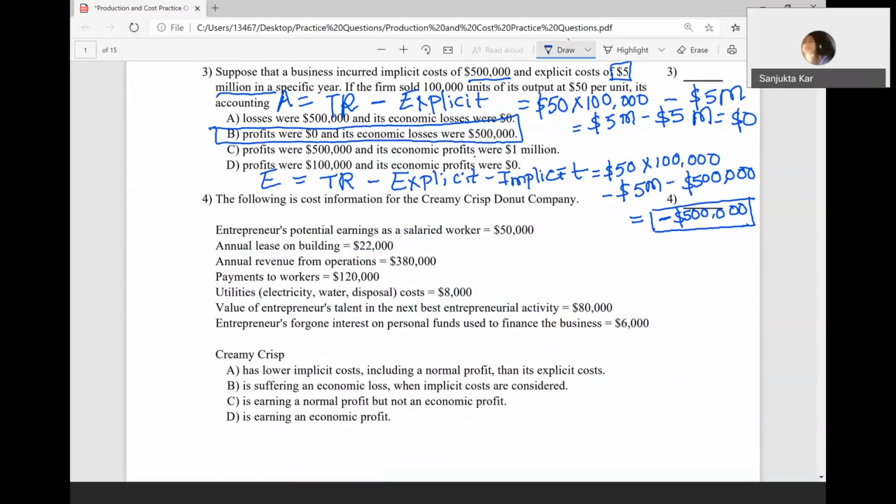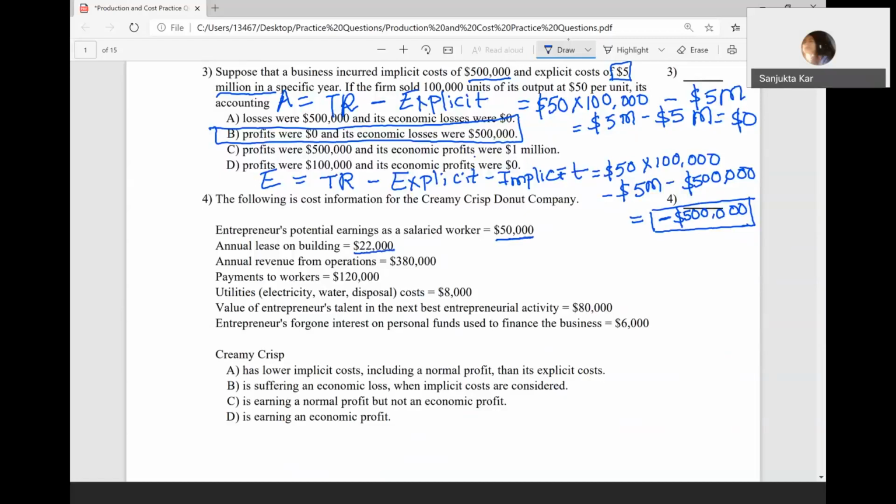The question is asking us, with all the following information, we have the answer from one of the following. We have the entrepreneur's potential earning as a salaried worker is equal to 50,000. Annual lease on a building is 22,000.